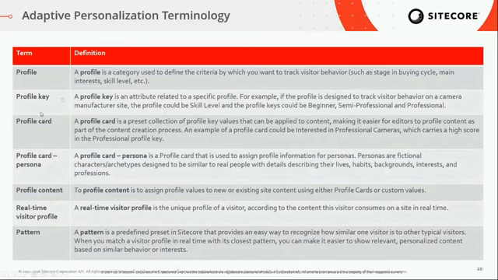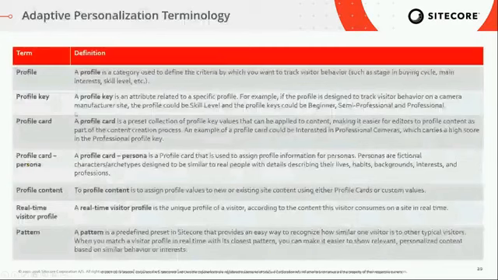So you have the profile key and the profile. And then all of that key information is stored in the profile card. Profile card. So that's just your collection of keys. Turn around and apply that to your content and have your content change based on that process of their visit.